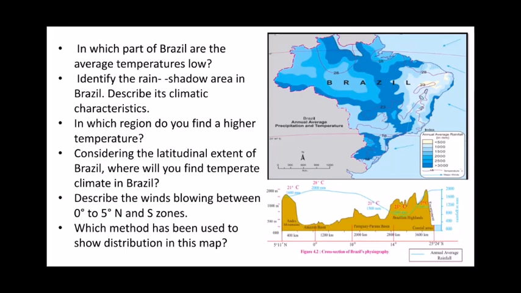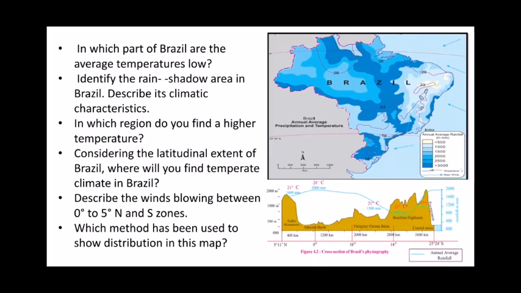Next question. In which region do you find a higher temperature? So, it is in the northern part of Brazil that has a higher temperature. Considering the latitudinal extent of Brazil, where will you find temperate climate in Brazil?